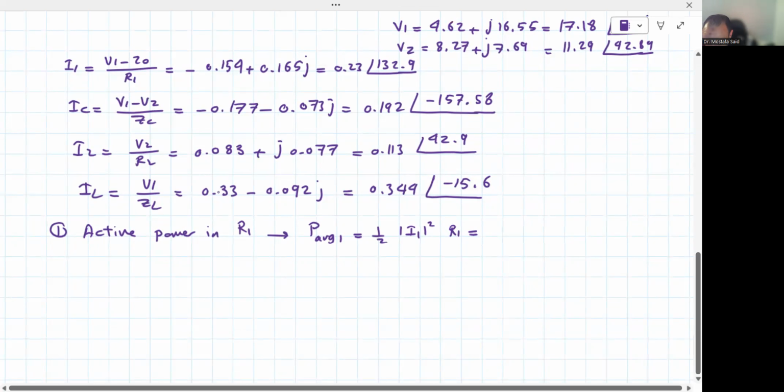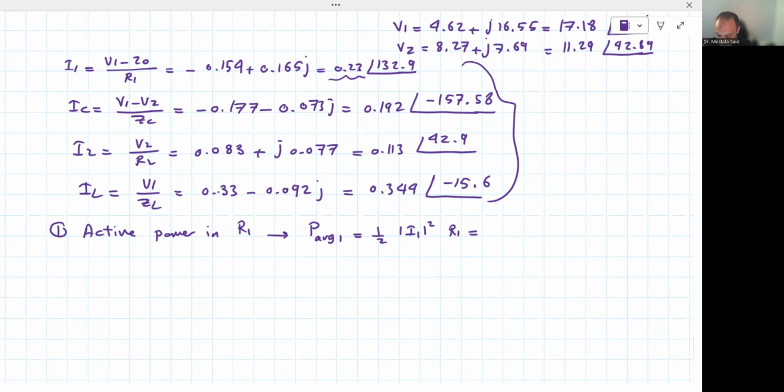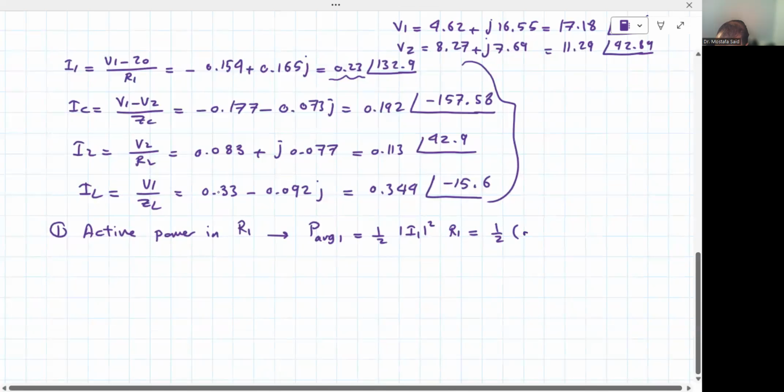And here is why we have to get the polar form, because I1 is actually in polar form. So this one, 0.23. You should have just this in your mind, because you have the polar form. So it's half 0.23 squared, and R1 is 100.